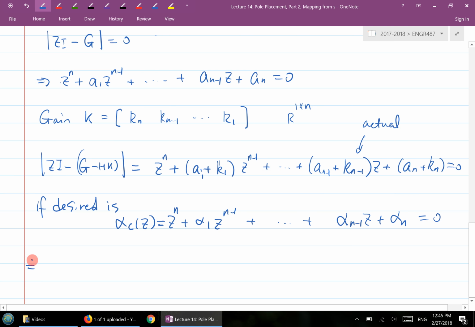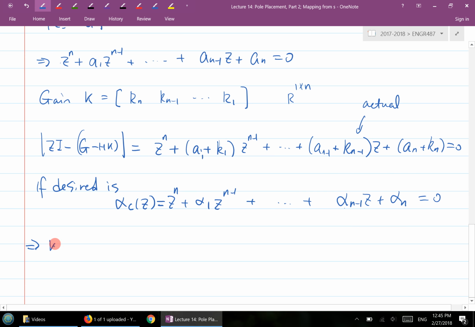So that gives us a very quick solution for the gain matrix elements: K1 equal to alpha 1 minus A1, and up to K n minus 1 equal to alpha n minus 1 minus A n minus 1, K n equal to alpha n minus A n.